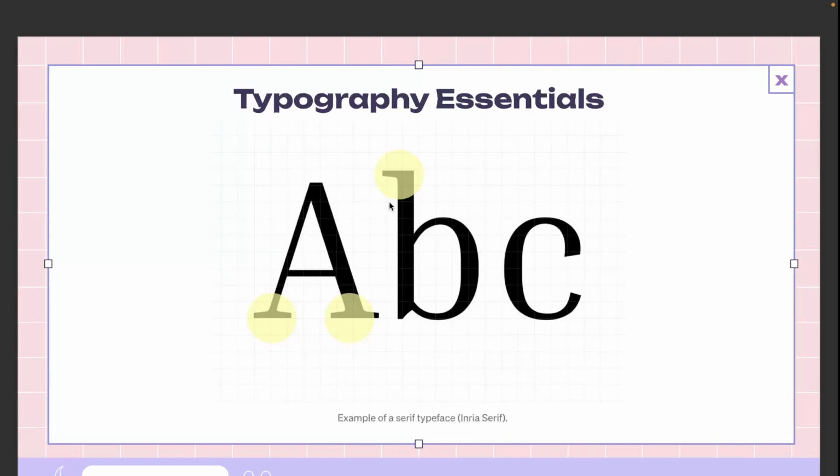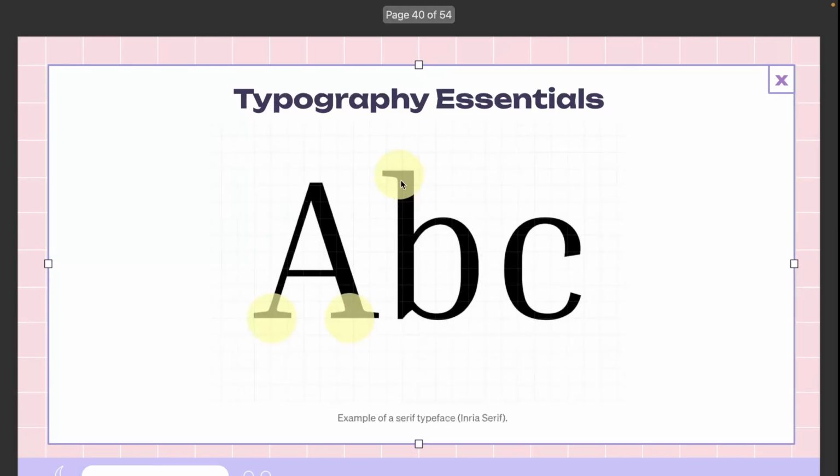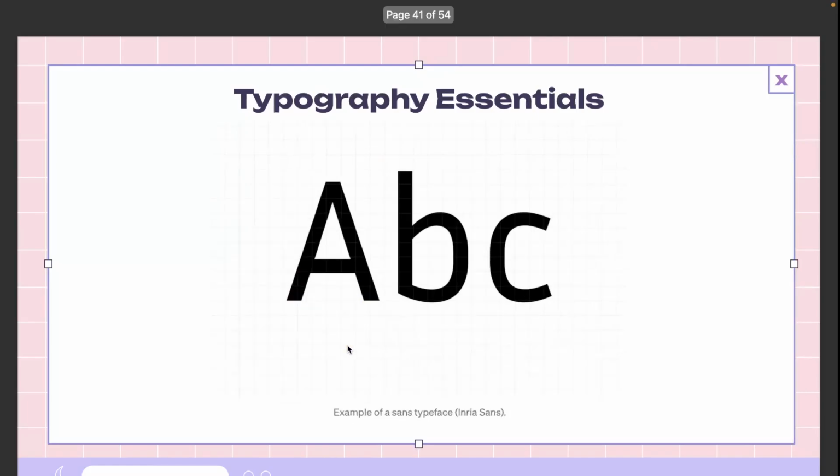If there is a finishing line for any typeface, it will be called a serif typeface. Now sans is almost the opposite of serif. In serif you will have these extensions, whereas if you delete these extensions you will have sans. This is a sans typeface.